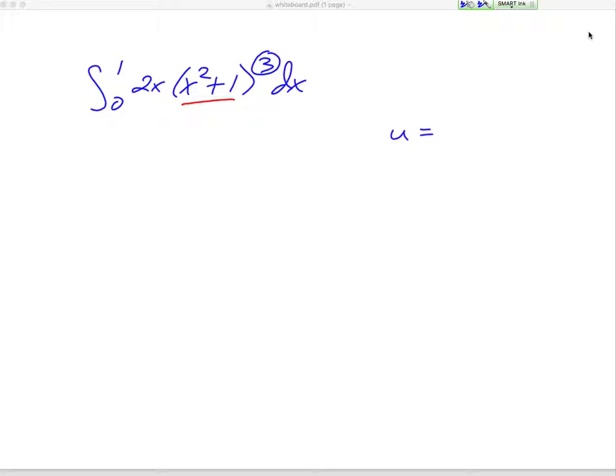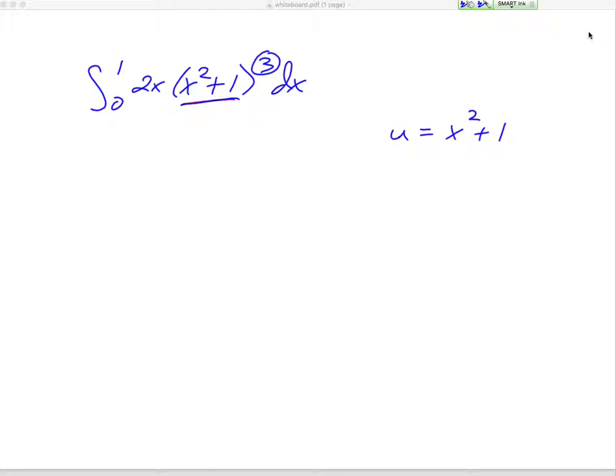We're going to do that by a substitution. We're going to say u equals whatever our inside function is. Now, earlier, what did we say had to be true about my inside function? The derivative needs to be present.